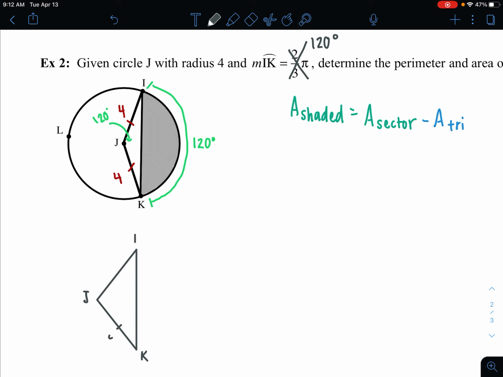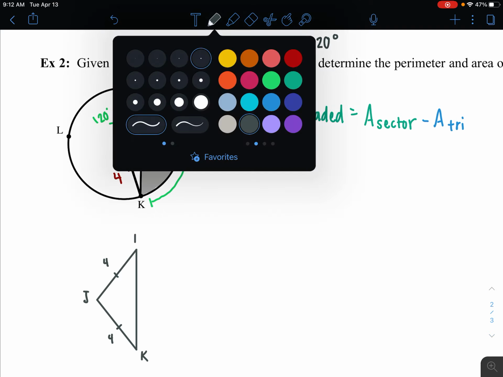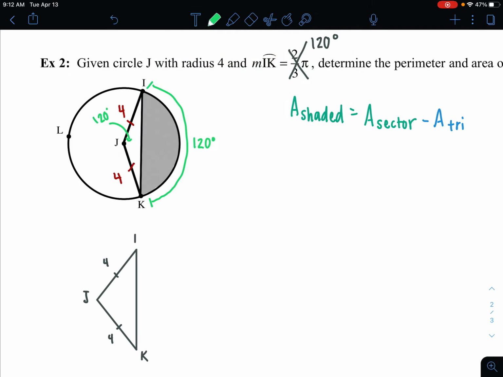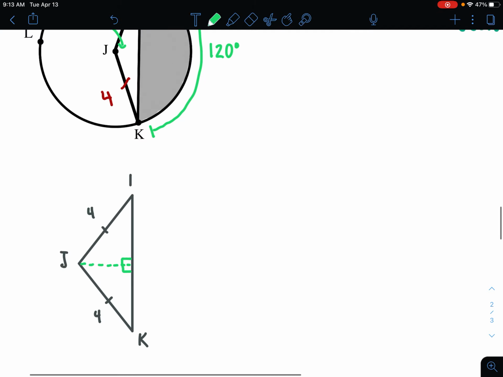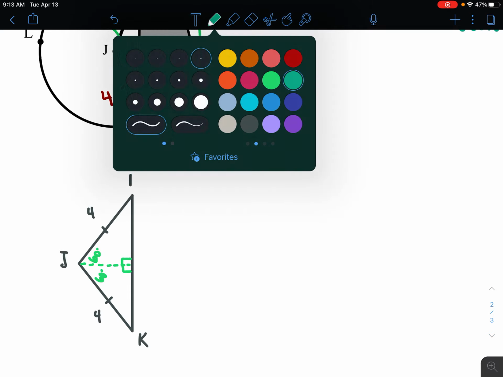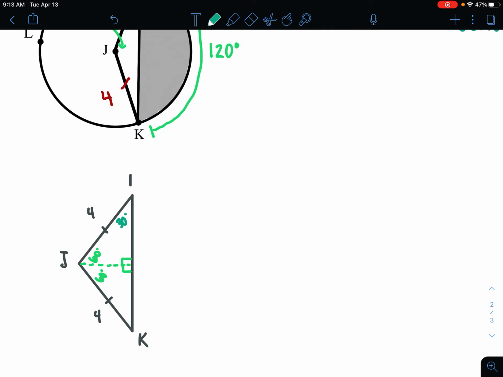So we know that these have measures of 4, this has measures of 4, and if we were to drop an altitude in that isosceles triangle, it's going to bisect the 120, meaning this is going to be 60 degrees, this will be 60 degrees, and this will be 30 degrees, and this will be 30 degrees. Not only that, but it also bisects this side.